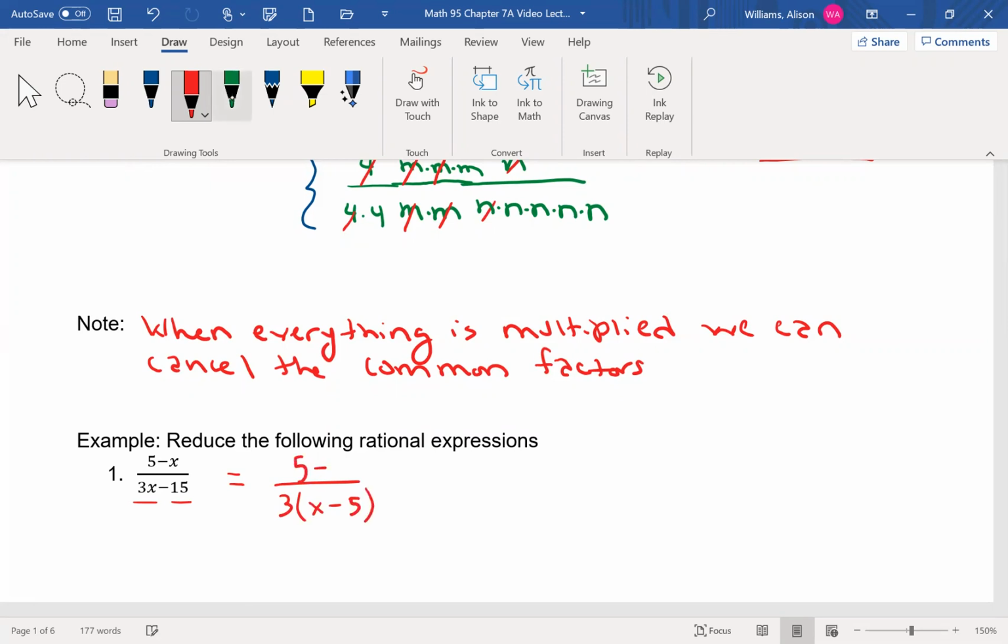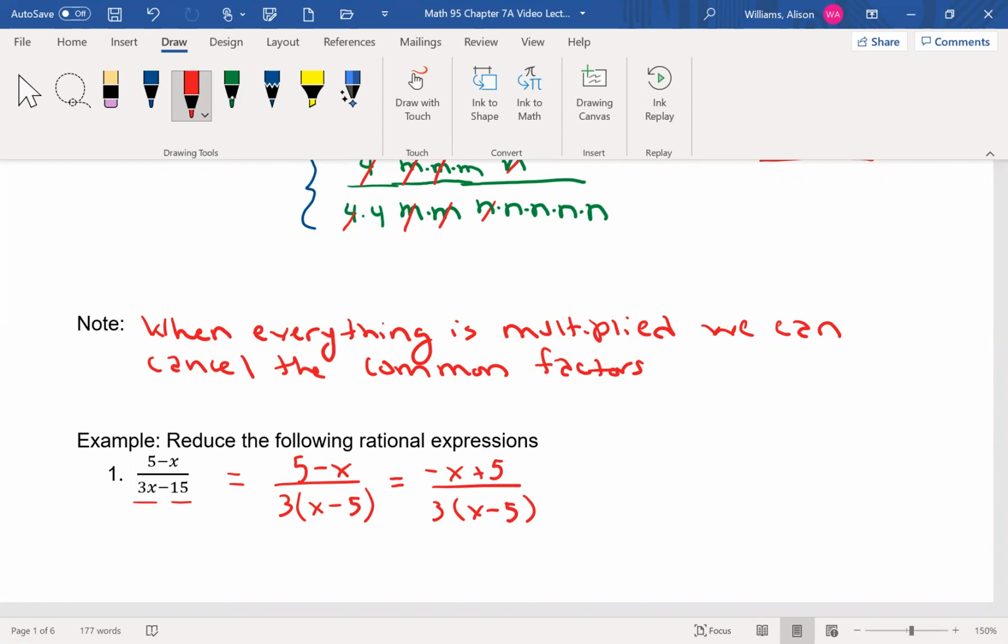Now I want to notice x minus 5 is really close to 5 minus x, isn't it? So I could actually factor out a negative in that numerator. But I'm going to rewrite it with the x first because I want us to see that basically what we have in the numerator is exactly the opposite terms or signs of what we have in the parentheses in the denominator, right?